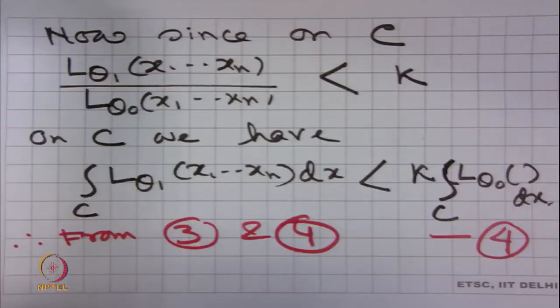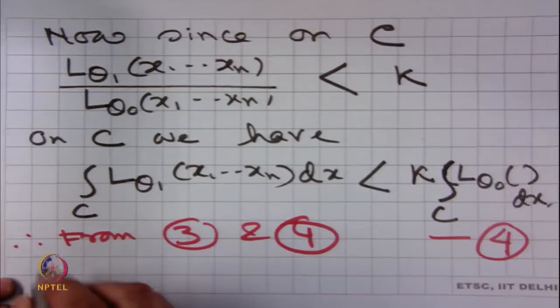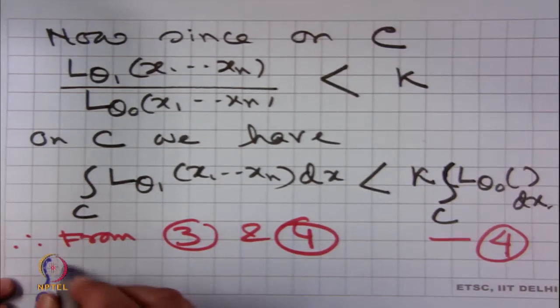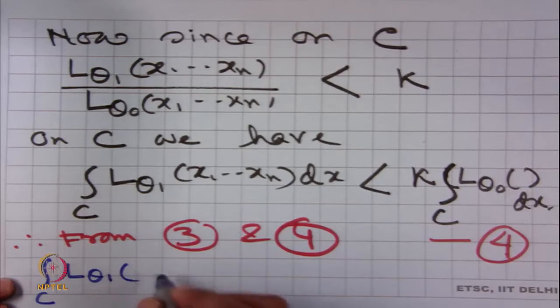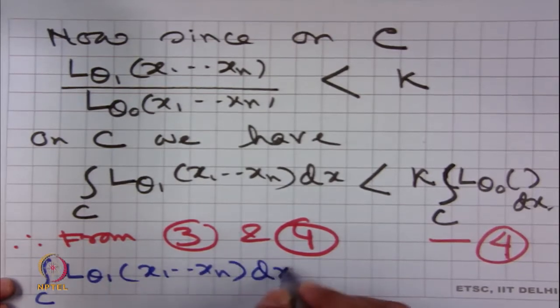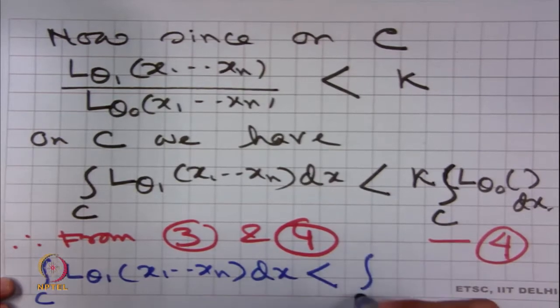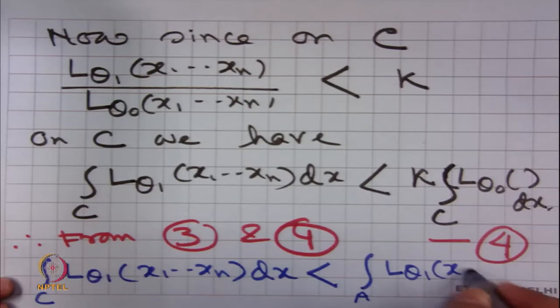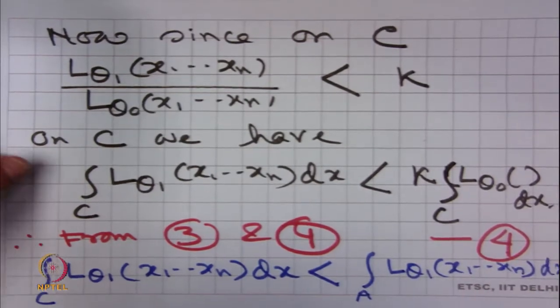Therefore, together we write integration over C of L theta 1 of x1 x2 xn dx is less than integration over A of L theta 1 of x1 x2 xn dx.